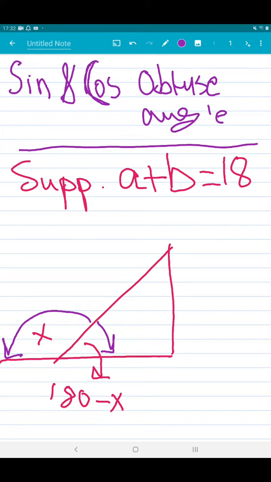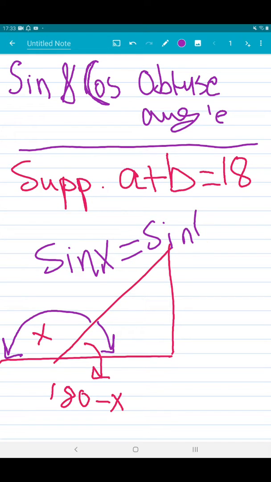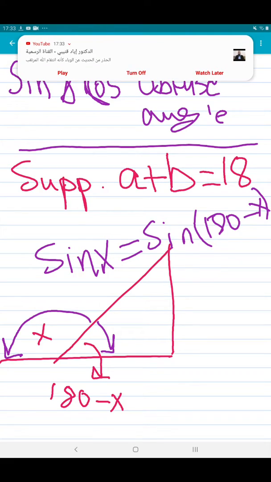Because the sum of these angles adds up to 180. Okay, their sines are the same. I mean, sin x is the same as sin 180 minus x.